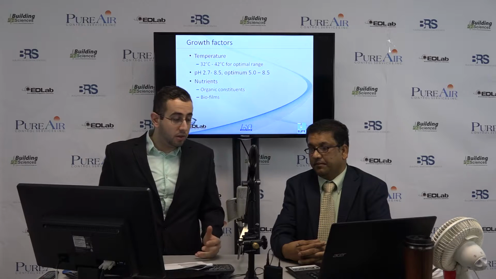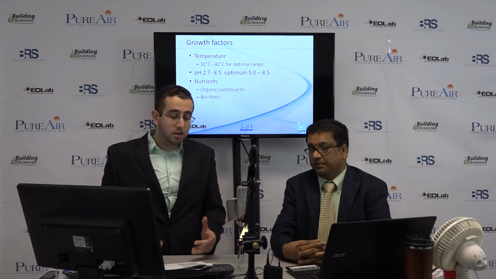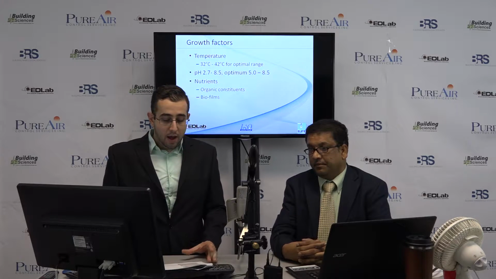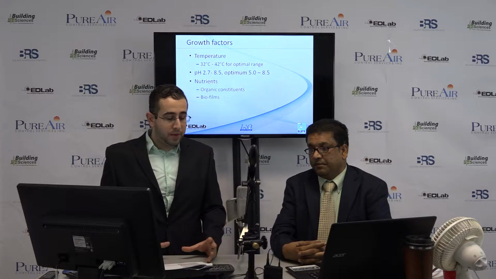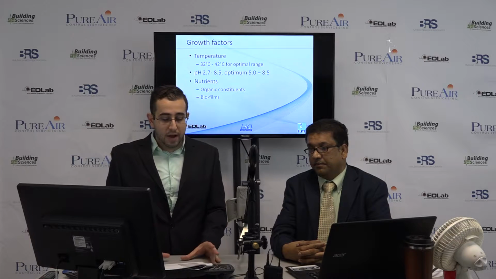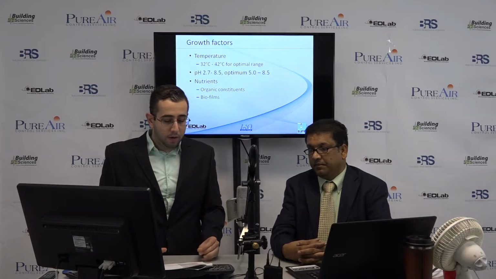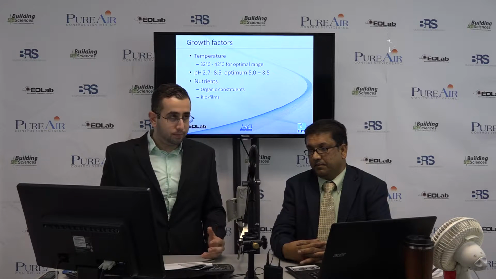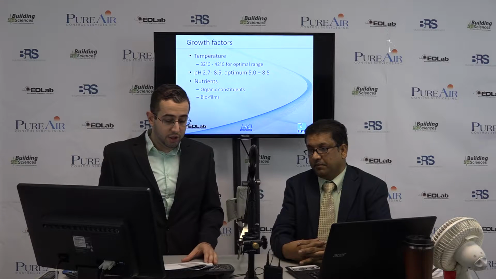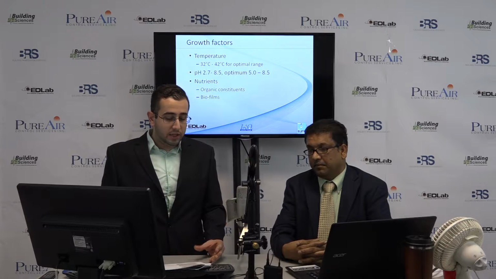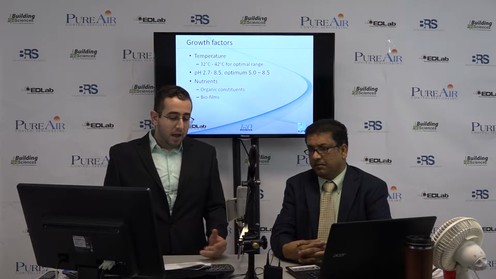Once again, typically we're dealing with water. Water has a pH of 7 as long as everything's okay. The optimum pH for Legionella is 5 to 8.5, for better growth. As for the nutrients they require, anything organic.